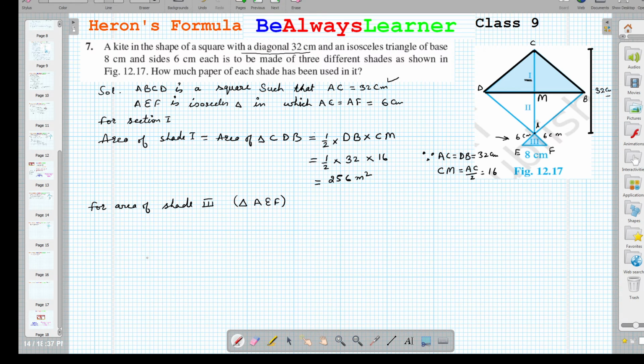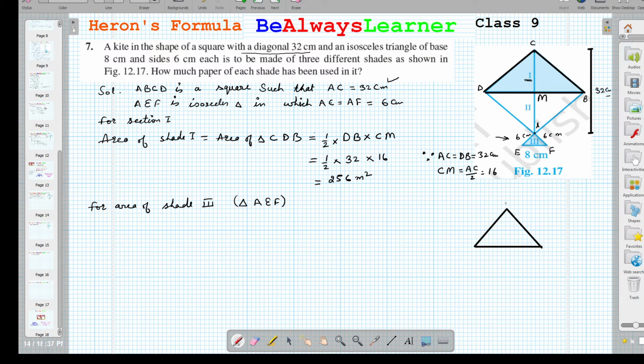So we have to make it separately so that it is clear to you that we are having triangle in this shape, and that is nothing but the third portion, right?